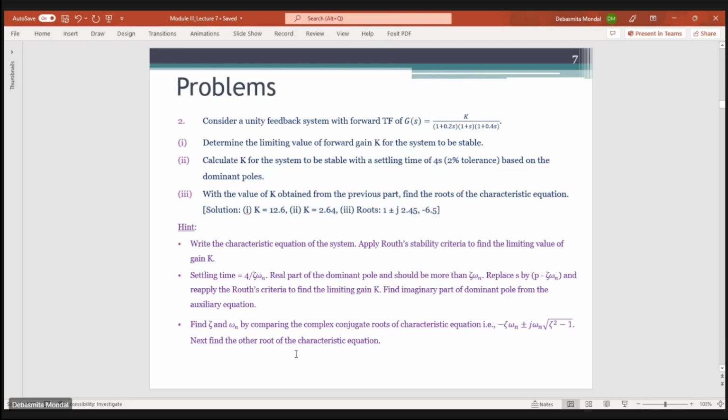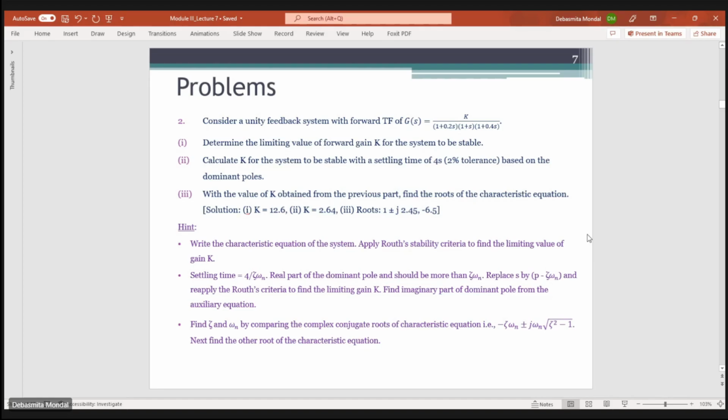The solutions are also given, so you can find the value of k and the roots needed for this system. Similarly, there are some more problems for you to practice at home.